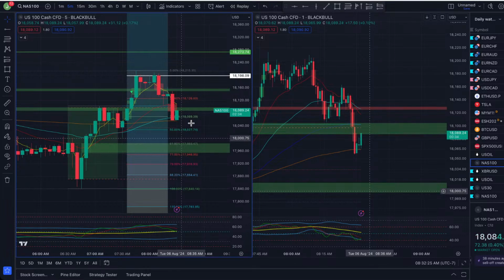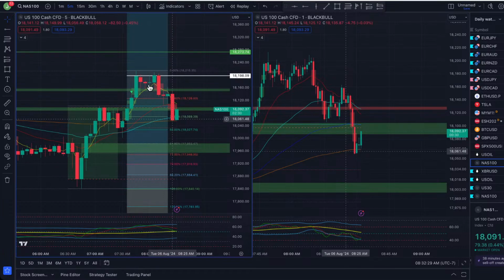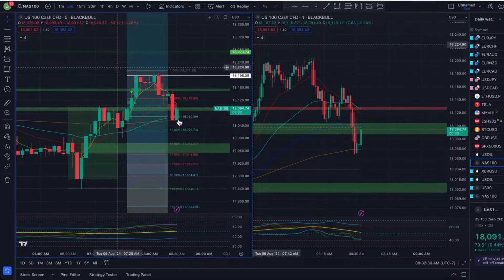Bouncing off the 50. See what I mean? They try to give you a false entry, false entry. Ideally, we want to see this now push.